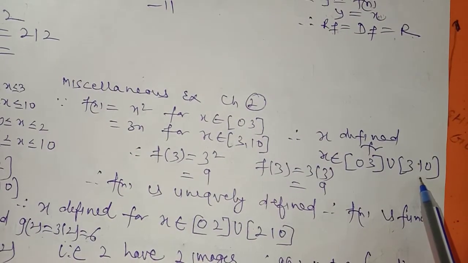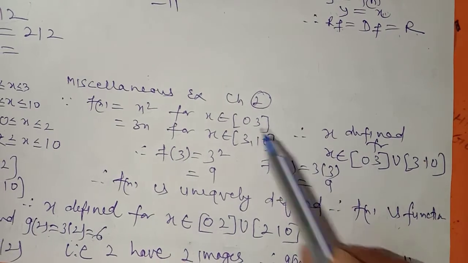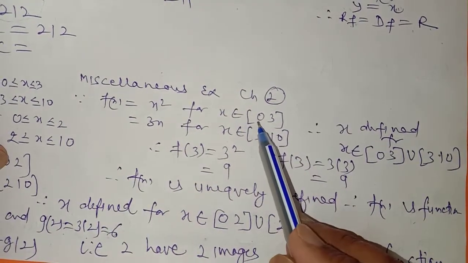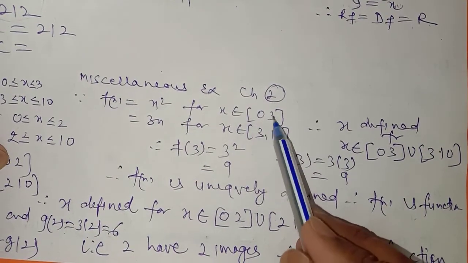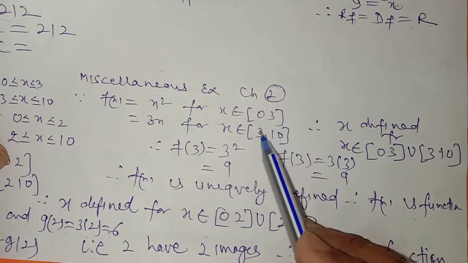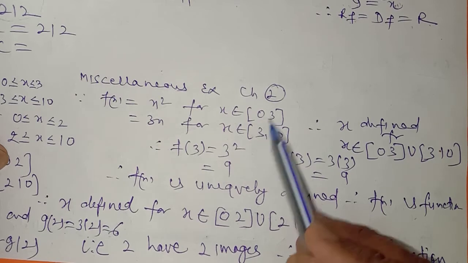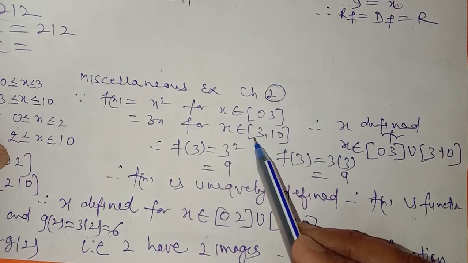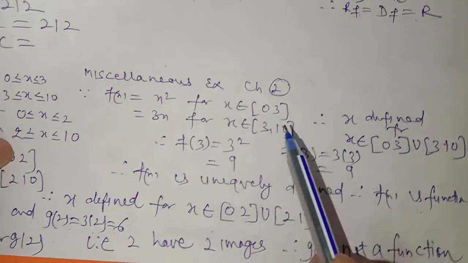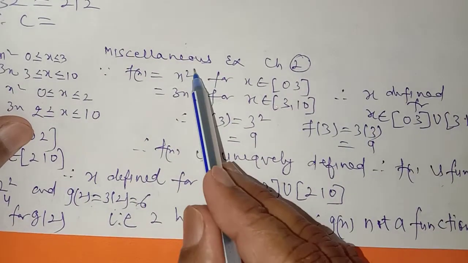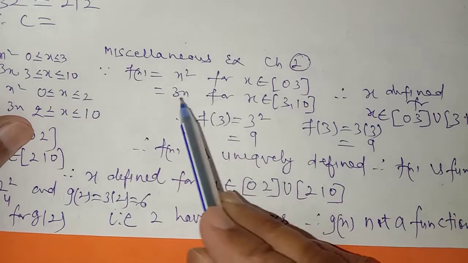The value of x is defined as the domain of this function. The value is unique from 0 to 10 except for 3. We find whether the value of this function is one and only one for 3. If it is one and only one for 3 in both the cases, then the relation will be a function. So we find f(3) in this case as well as f(3) in this case.